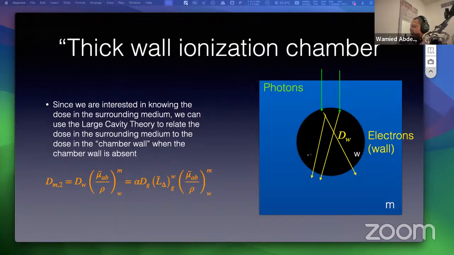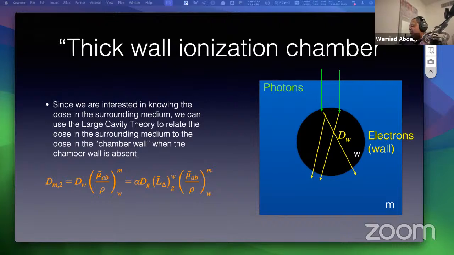Now in this situation, the dose in the wall was deposited by electrons generated within the wall. The dose in the wall was not actually deposited by electrons from the medium. It was deposited by electrons generated within the wall, and this reminds us of the large cavity theory.